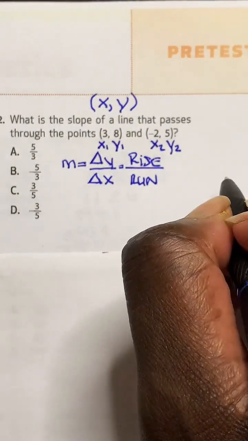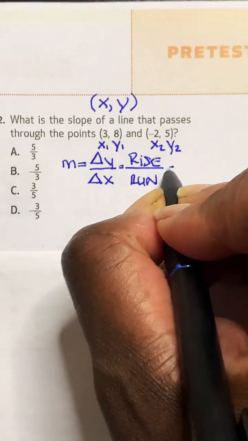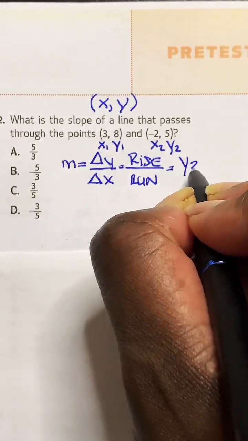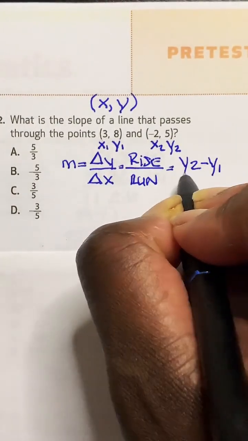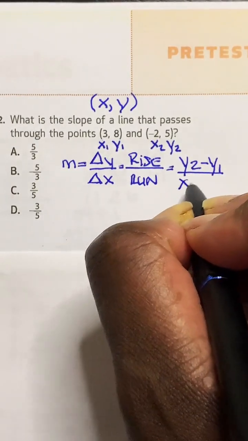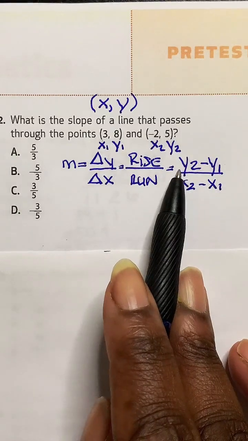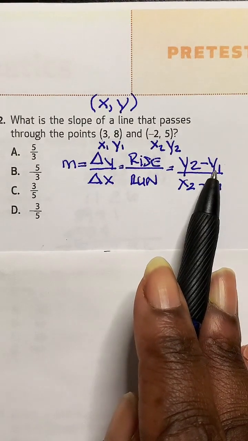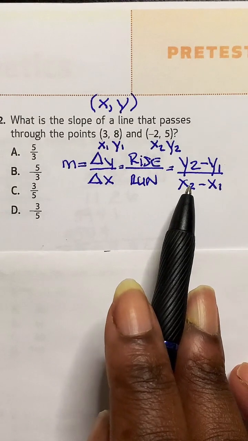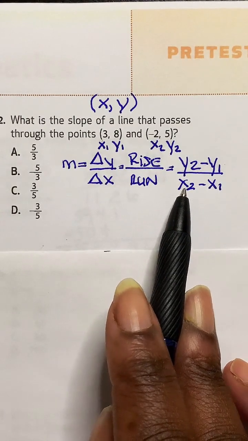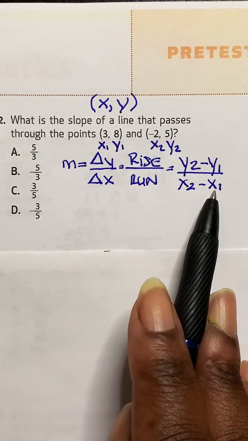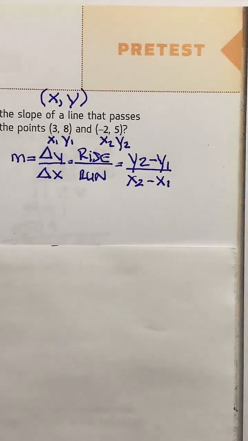So a lot of people are saying, well, you have to do Y2 minus Y1 over X2 minus X1. So you get the Y of your second point minus the Y of your first point over your X of your second point minus your X of your first point. All right, so let's do that.